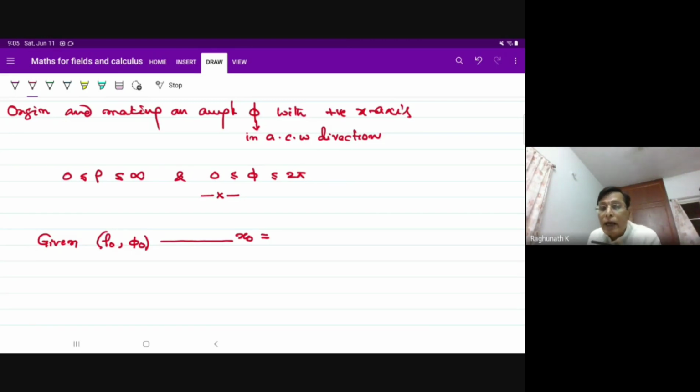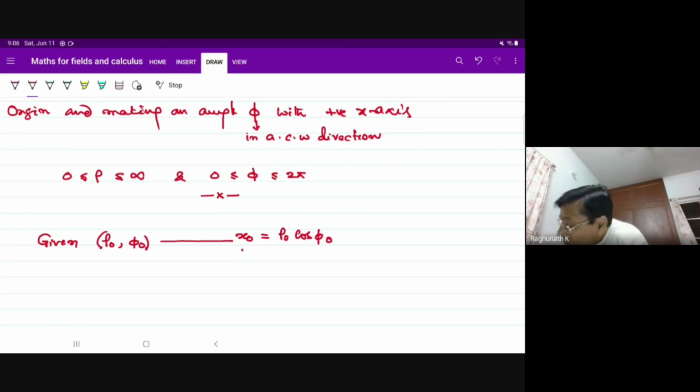R at an angle theta, ρ0 at an angle φ0. What is x0? ρ0 cos φ0. Listen carefully. Cos theta from 0 to 90 is positive, 90 to 270 it is negative. 270 to 360 it is positive again. Understood? X0 is ρ0 cos φ0.